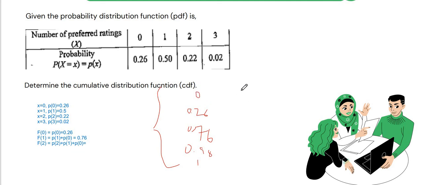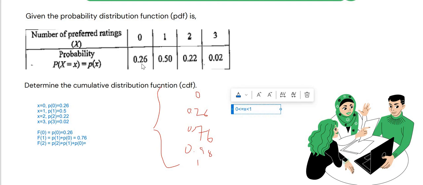Then the next thing you should write here is the interval of x. This one is x less than 0. The first one must be x less than 0, because you start with 0 here. The second one starts from 0 at 1, and this 0 is included.